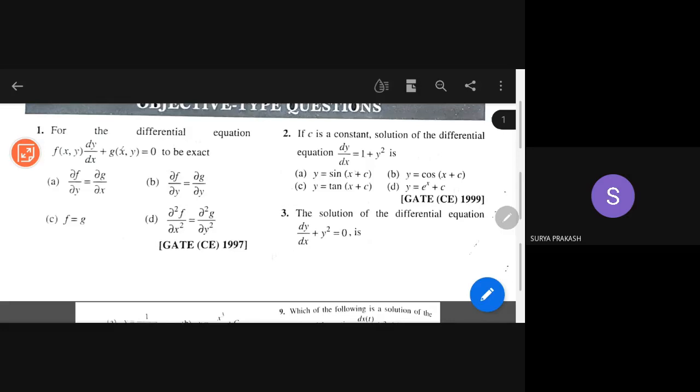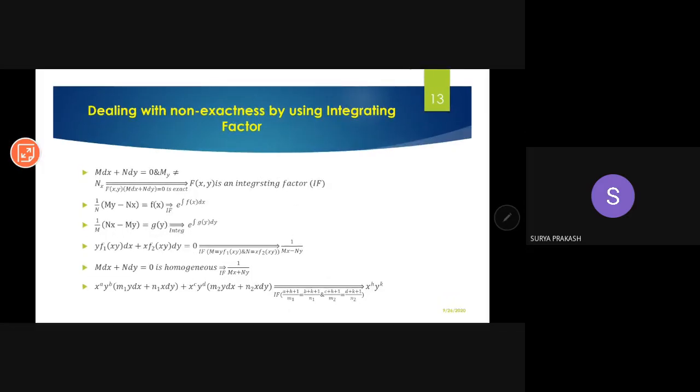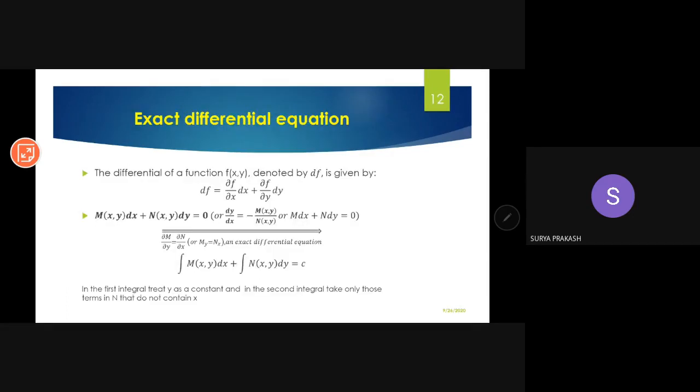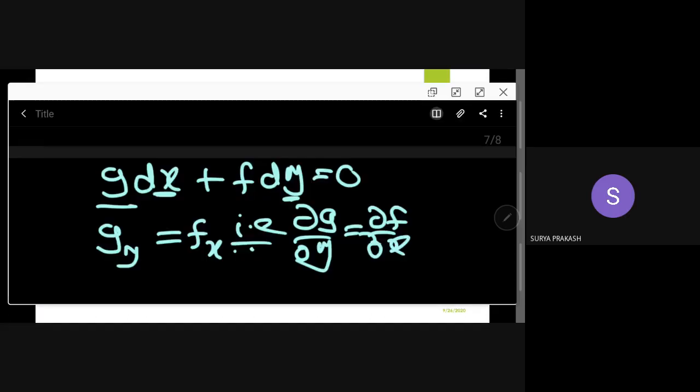If you want to solve in the slides, in which case will it fall? Yeah, this is the Bernoulli's equation. Dy dx plus px into y is equal to qx into y power n.